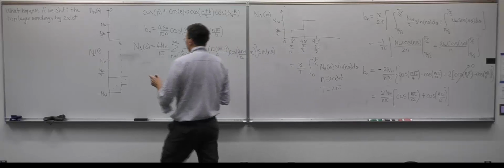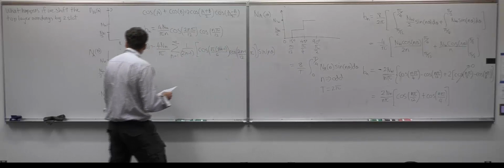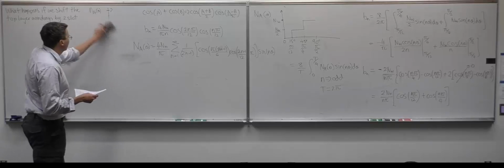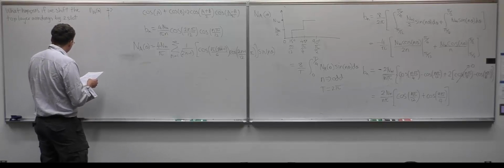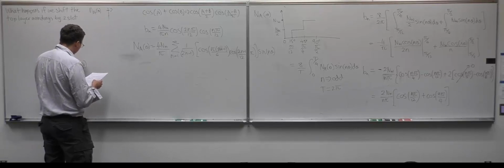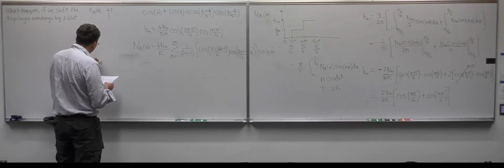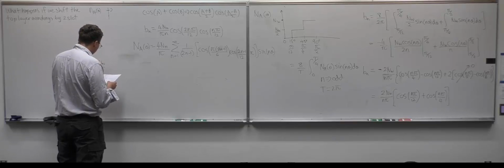Okay, so then putting in some of the numbers, we have N_A theta is equal to 4NW over pi.